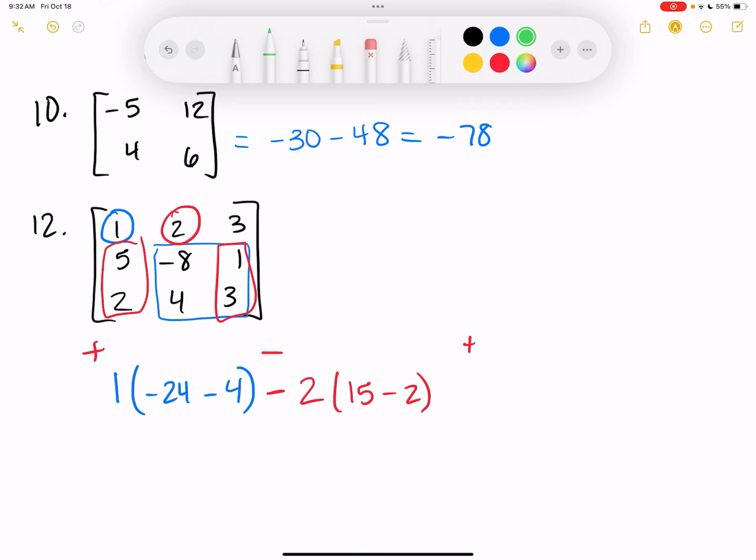And then the last one is plus, or whatever the sign is on the number, 3 times this boxed stuff, so the first 2. So 3 times, what's the determinant of the green box? 20 plus 16. Yep, 20 plus 16 is minus a negative.